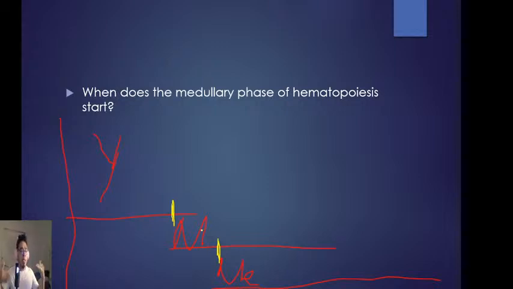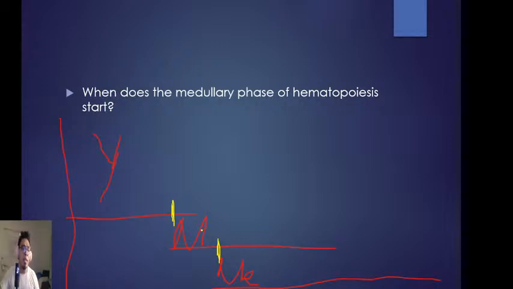There has to be some sort of buffer zone wherein both stages meet at one point, and then the production of cells from one set of organs declines whilst the other organ's production of cells increases in hematopoietic activity. So be mindful of that one.